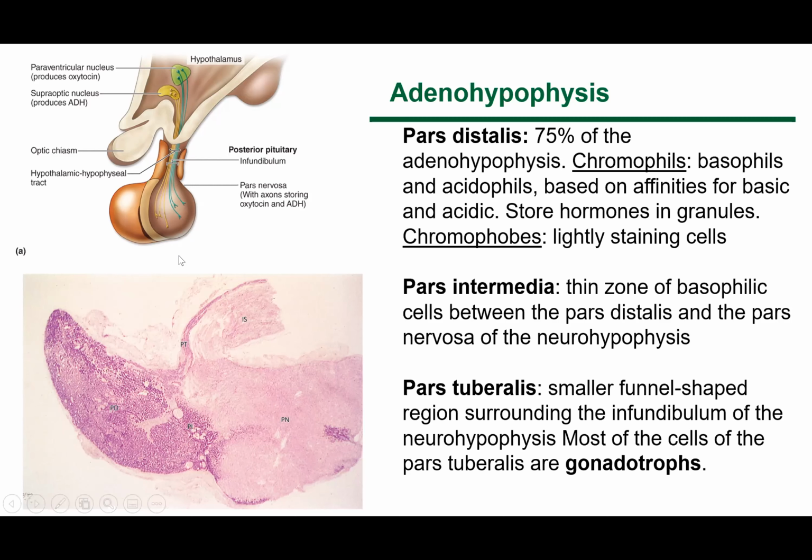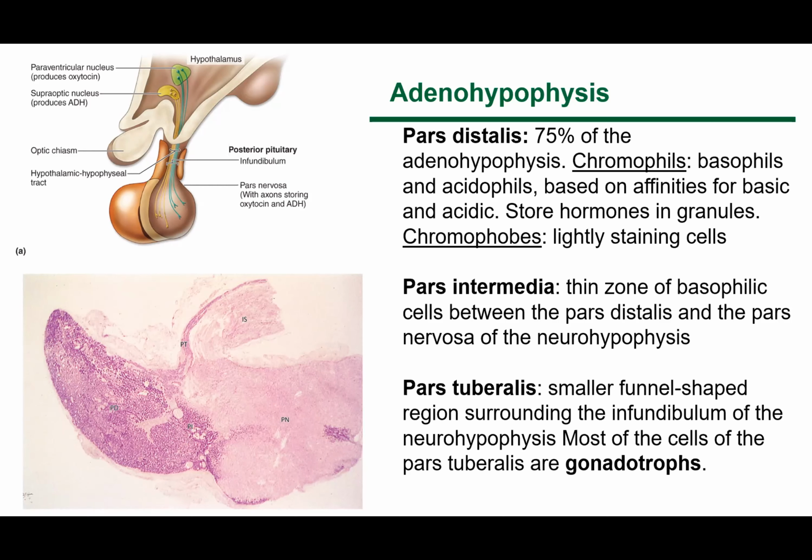Chromophil means color lover and chromophobe means color fearer. So they're named according to how readily they like to take up the hematoxylin and eosin stains. Within the chromophils, they're either basophilic or acidophilic, which you guys are well acquainted with by now. And that's due to the chemical nature of whatever hormone it is that they are making and storing.